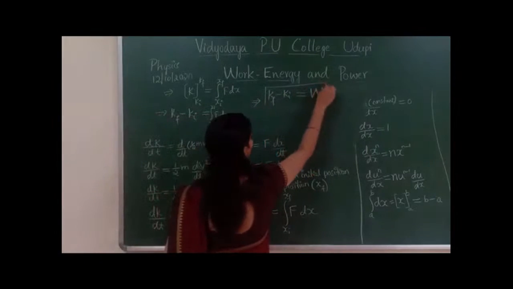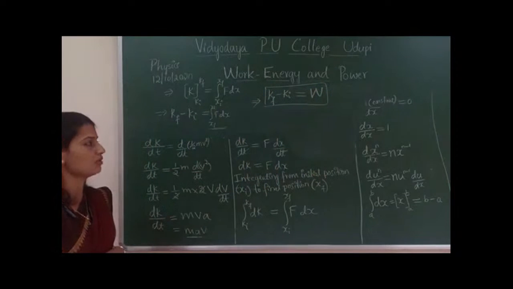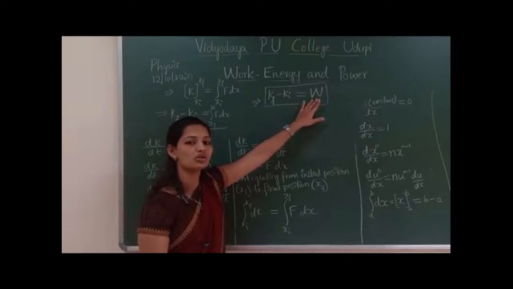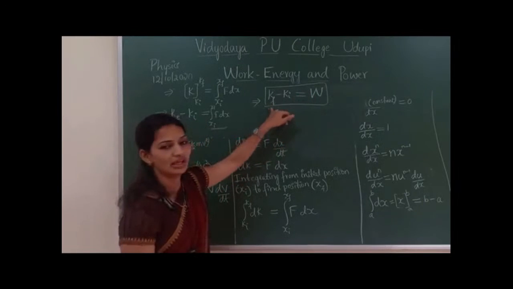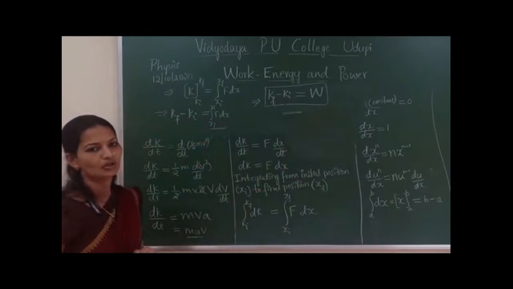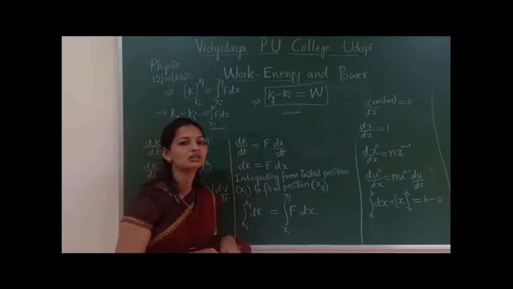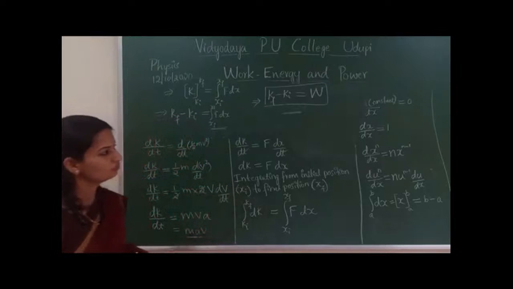This is my work energy theorem expression: work done by net force on a body is equal to change in its kinetic energy. This is the proof of work energy theorem by variable force.